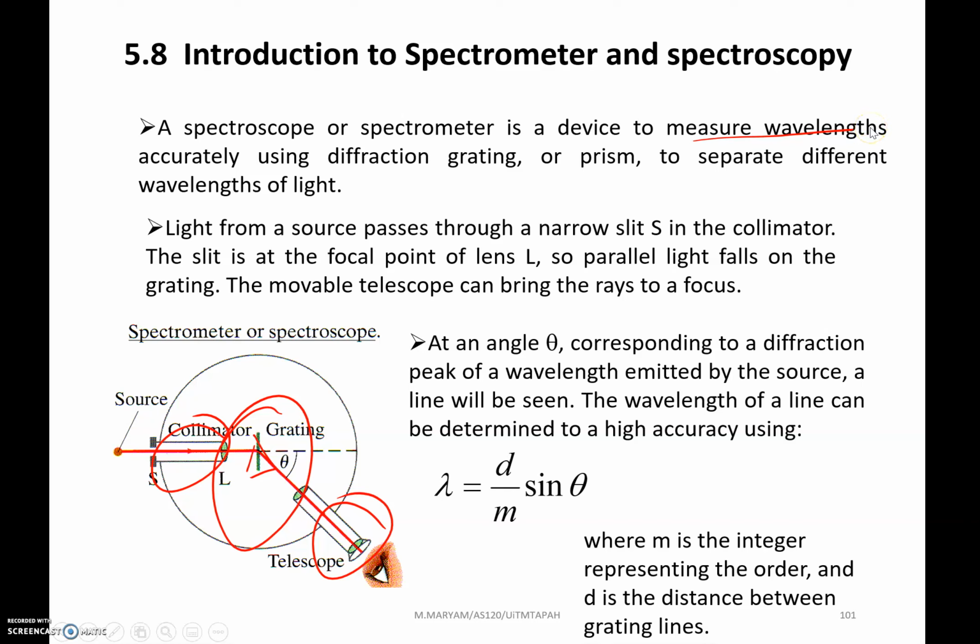At an angle theta, corresponding to the refraction peak of the wavelength emitted by the source, a line will be seen. This line can be a white line, or it can also be a rainbow color line depending on the light source that you use. It can also be determined to a high accuracy using lambda equals d sine theta over m. Or you can use any other equation. You can also refer to the lab manual for experiment 2.